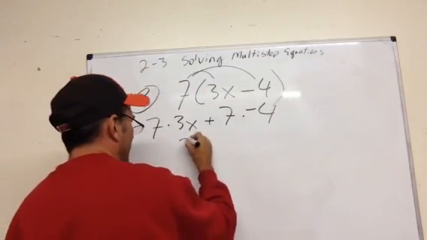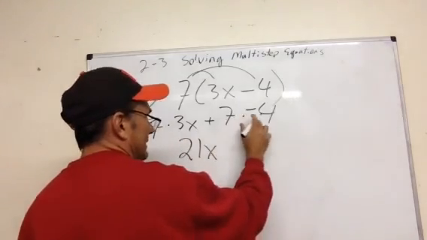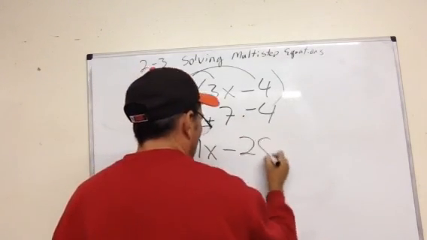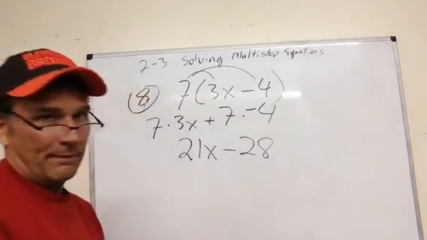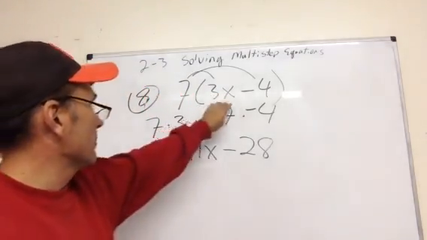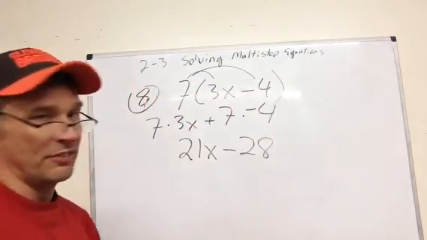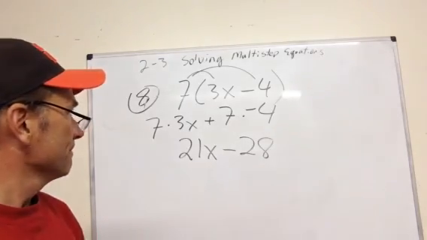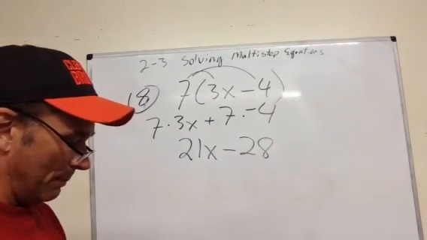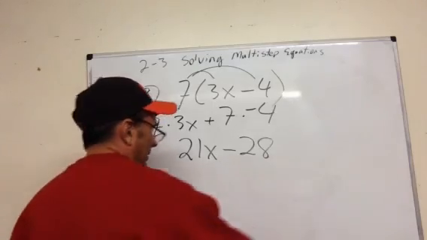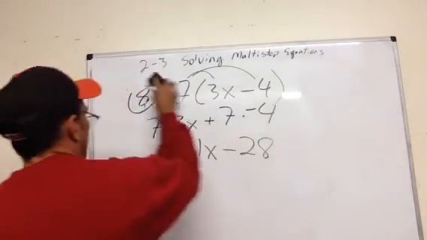7 times 3x is 21x. 7 times negative 4 is a negative 28. What we did, we just multiplied these two terms both by a quantity of 7. That's the distributive property. Let's look at number 10 from our notes.